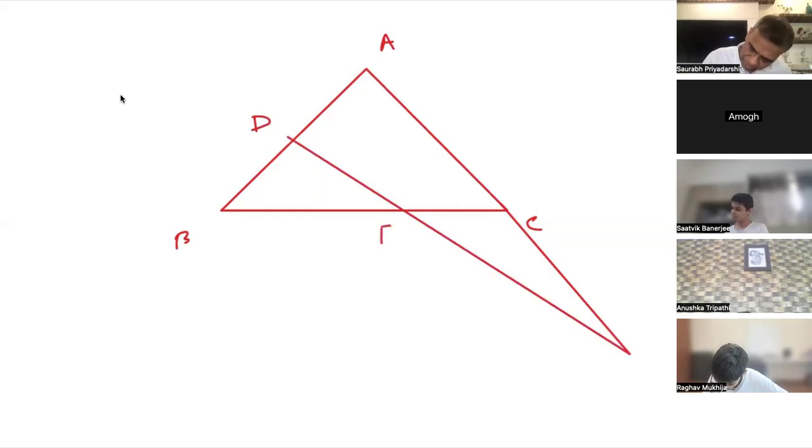D, F, and E. What is given? AB is equal to AC. Then BD is equal to CE. थोड़ा सा ये चला गया नहीं?